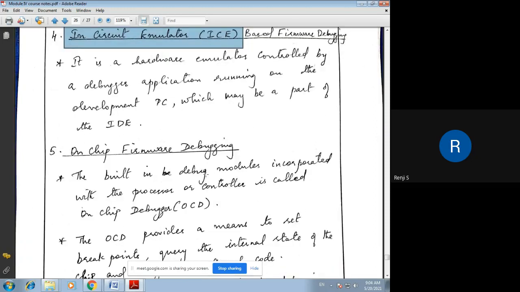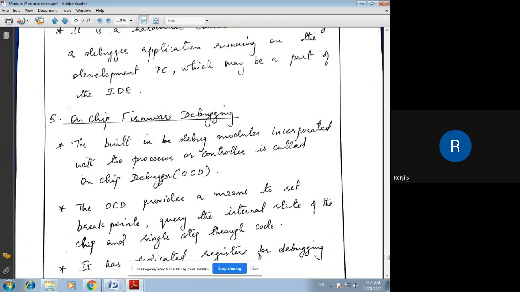Then the fifth technique is on-chip firmware debugging. Here on-chip refers to the processor or the microcontroller that we are using, and there is a built-in module incorporated into the processor or microcontroller, and it is called the on-chip debugger, or OCD.